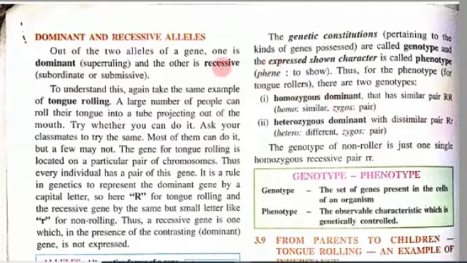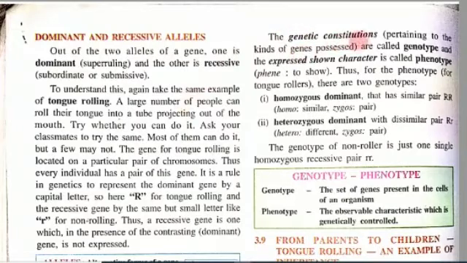The capital letter is the dominant, expressing character, and the subordinate, submissive or suppressed character is called recessive, because these characters do not express. For example, tongue rolling is dominant and non-roller is recessive. Those people who are tongue rollers show the dominant character, and non-rollers show the recessive character.